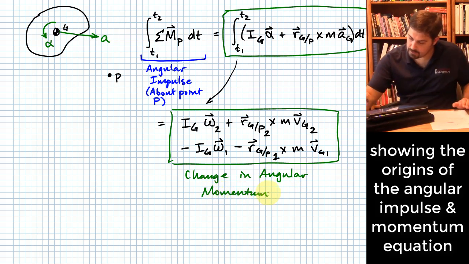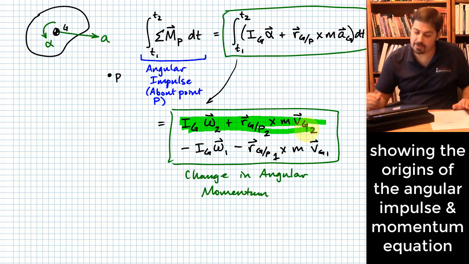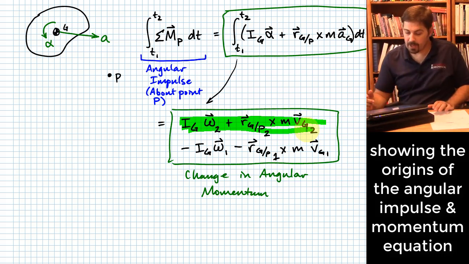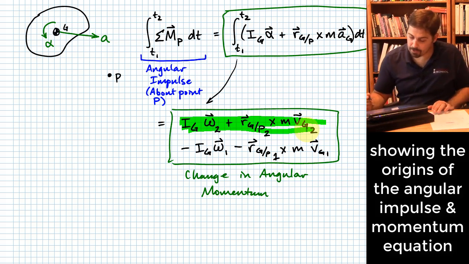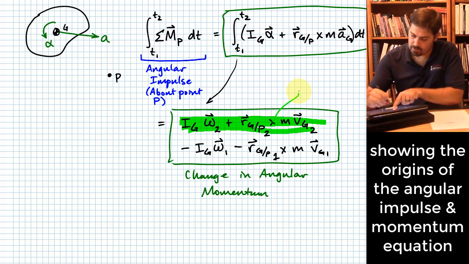If you look at just one of these terms, like up here, this is the angular momentum that you have at the end of applying the angular impulse. Let me take a moment and say that that is one of your angular momentums.